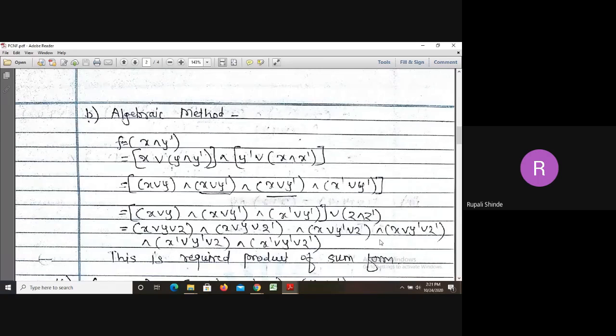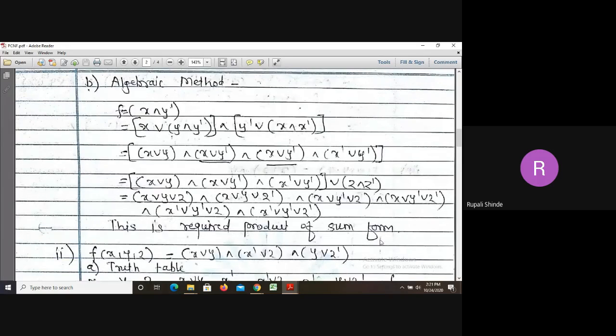So just let me know, have you understood this example? Yes, ma'am. Okay. Now this second example you have to try. First of all, solve this by truth table, and everyone must try this. So function f of x, y, z is equal to x or y and x complement or z and y or z complement.